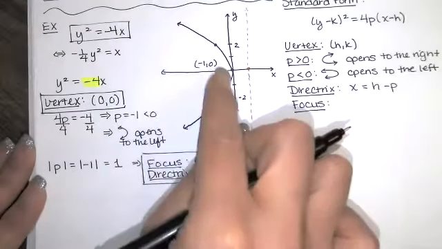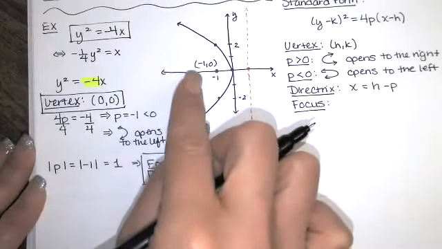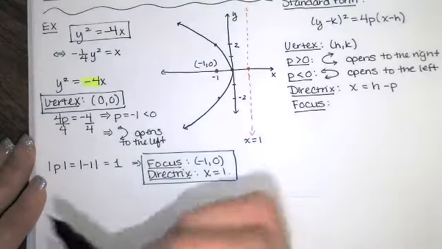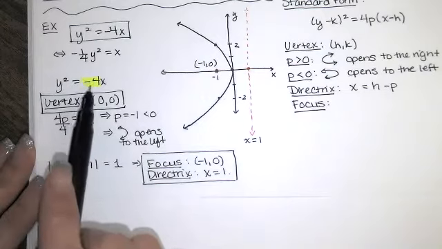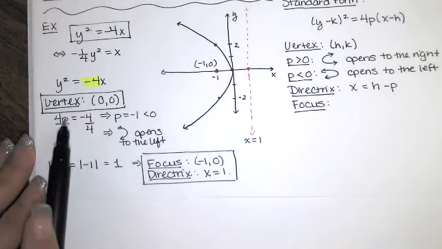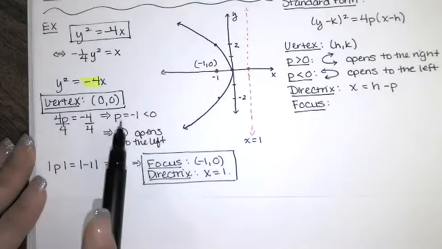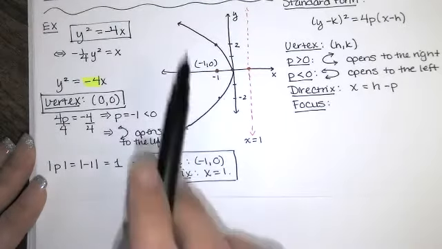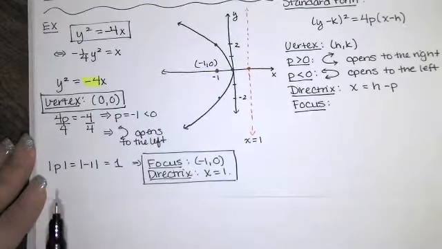How many units do I need to go in this direction to find the focus? How many units do I need to go in this direction to find the vertex? So we look at the coefficient of x, we set that equal to 4p, and then we divide both sides by 4 to get p by itself. Since p is negative, we know it opens to the left.